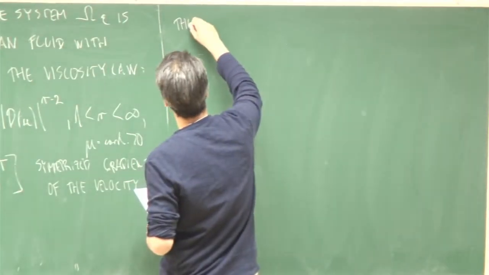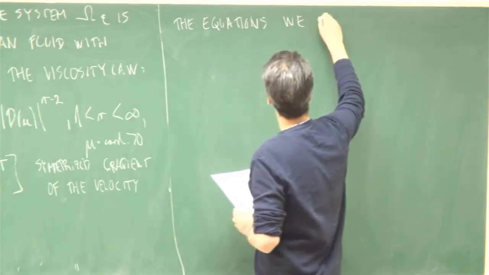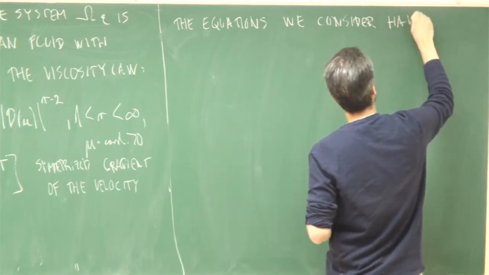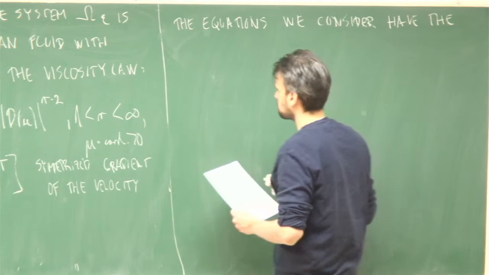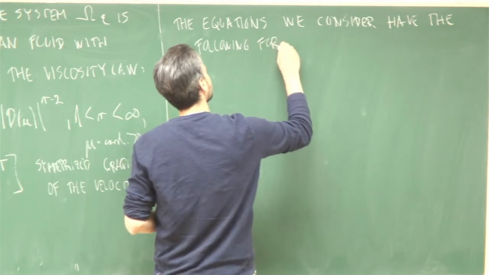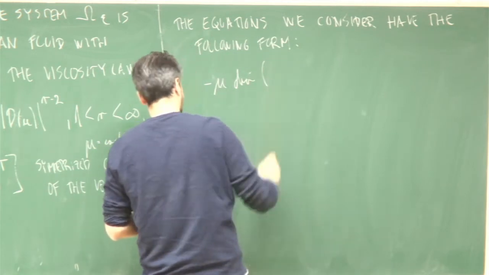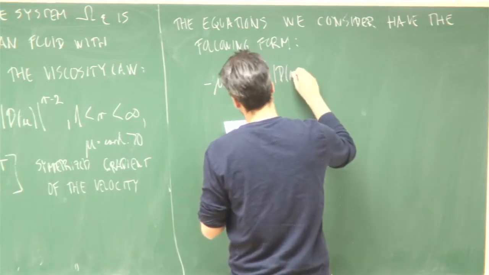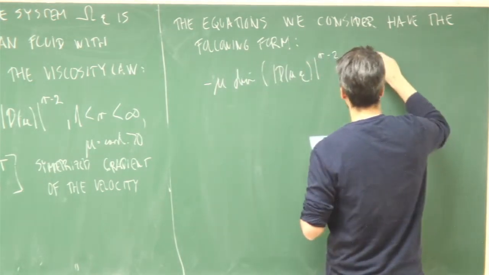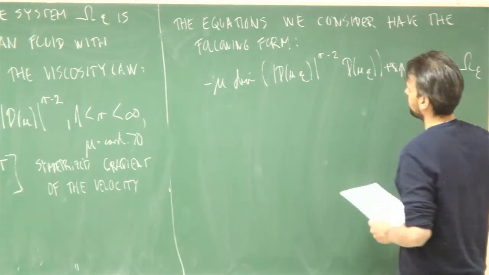So the equations we consider have the following form: minus mu divergence of |Du_epsilon|^(r-2) Du_epsilon plus gradient p_epsilon is 0 in omega epsilon.